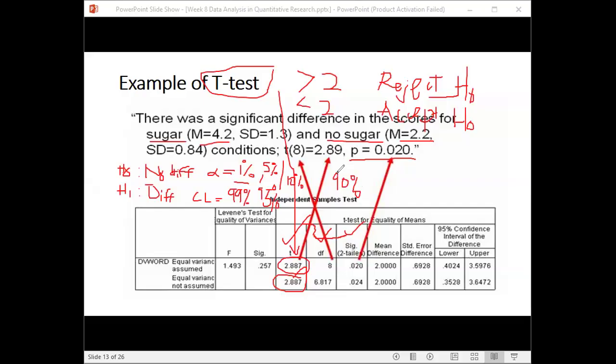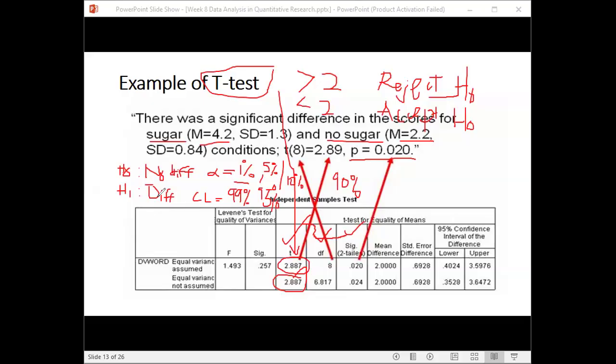If I'm 99% sure, I am 1% not sure. If I'm 95% sure, I am 5% not sure. And so those levels of significance help us to actually get to either accept the H0 or reject the H0, and go for the H1. At any point in time, one of the statements is what I'll have to conclude on when I'm doing hypothesis testing. It's either I say I'm going for H0 or I'm rejecting H0 and going for H1.